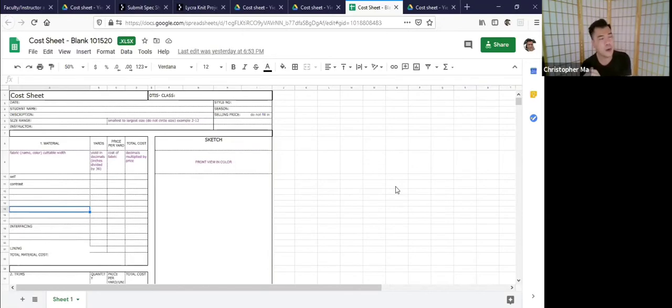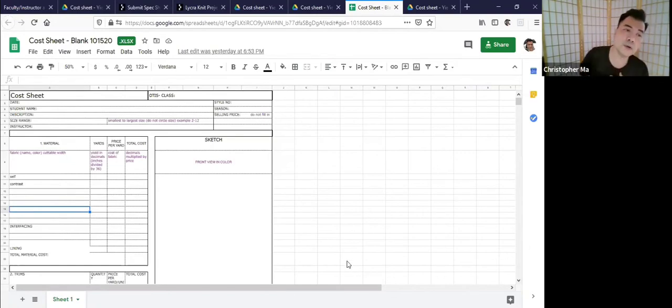Otherwise, you won't have the proper costing to generate your proper markup for your design to make a profit. Very important. So this is not just numbers, although there are a lot of numbers, but this is where you're gonna be successful or not, whether your designs will sustain you.